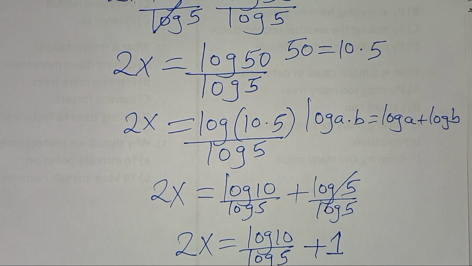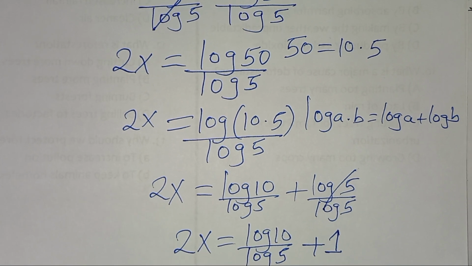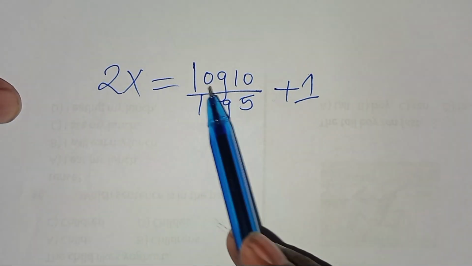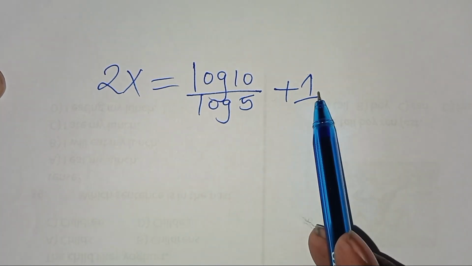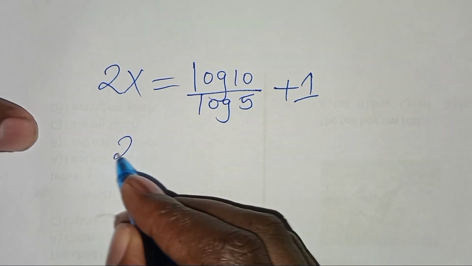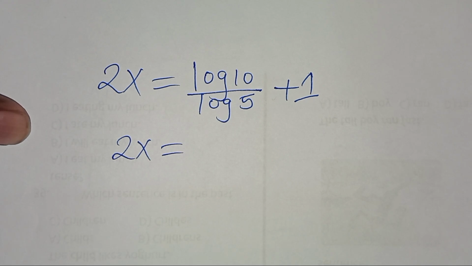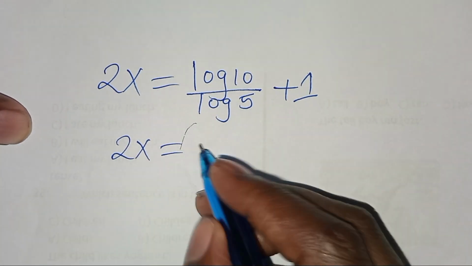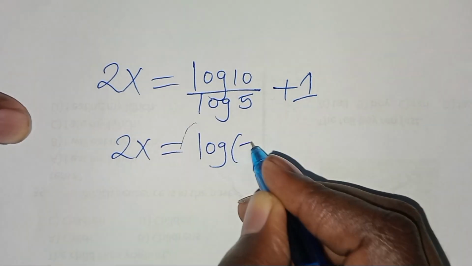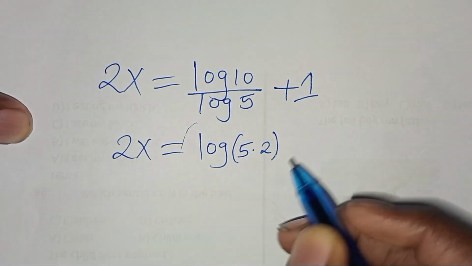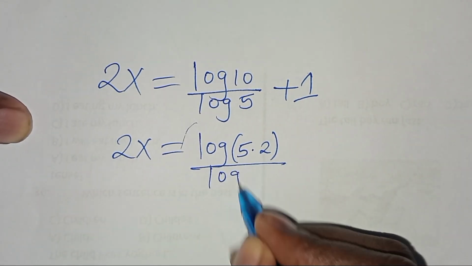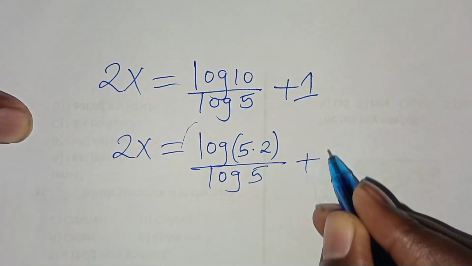So let's proceed from here. Now here we have 2x is equal to log 10 divided by log 5 plus 1. We can express log 10 as log of 5 times 2, divided by log 5 plus 1.